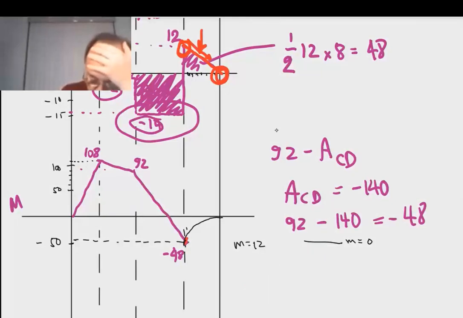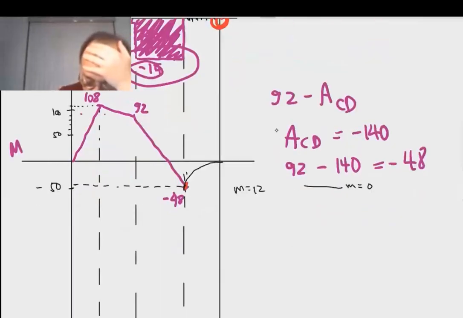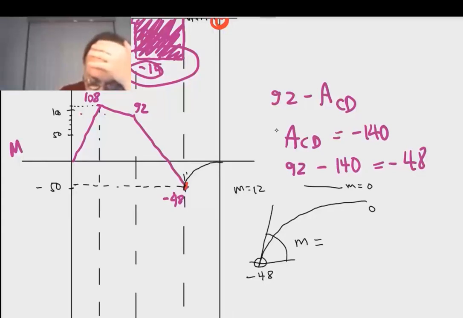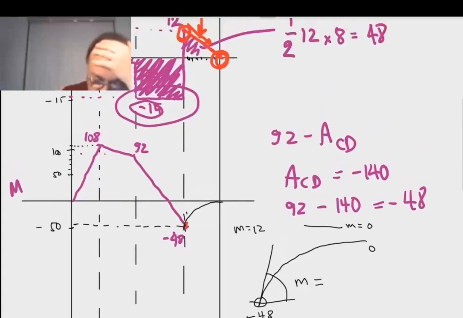Right. This, I'm going to put it right here. So this is that part of the graph, cierto? Start at -48 and at 0, and the slope here, meaning the tangent of the curve, this slope is whatever value the shear diagram has.